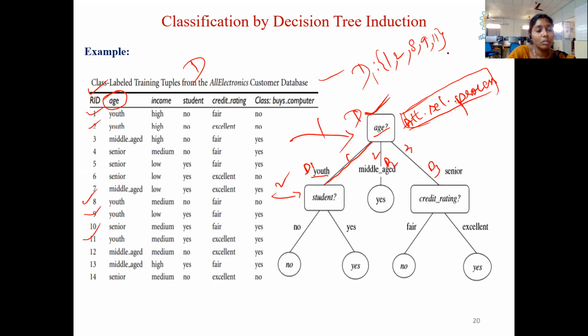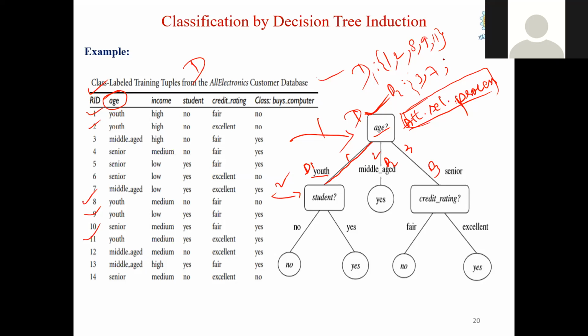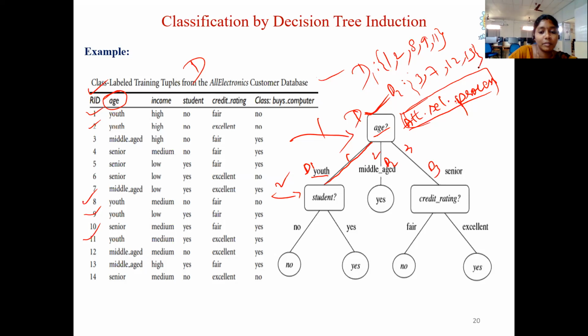Whereas under D2, what are all the tuples that fall under D2 partition? 3, 7, 12, 13. Very good. And similarly, coming to the D3 partition, here I can write.